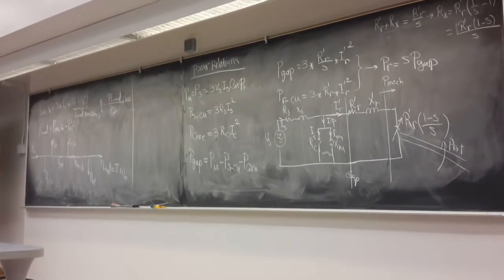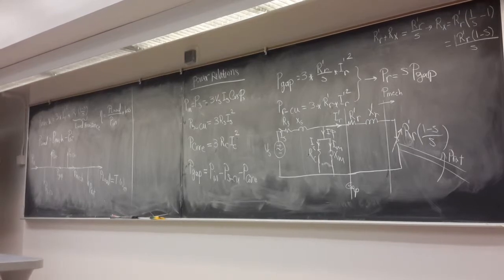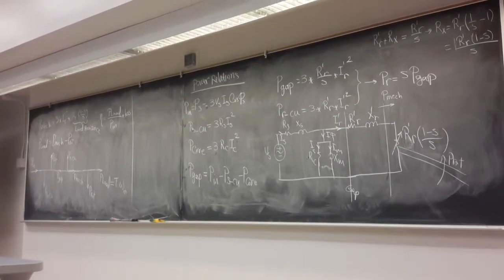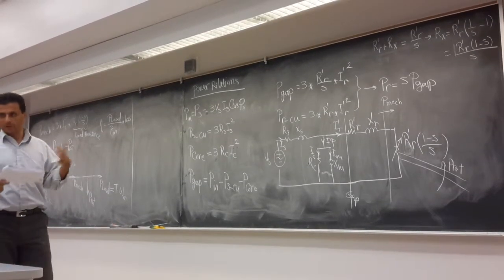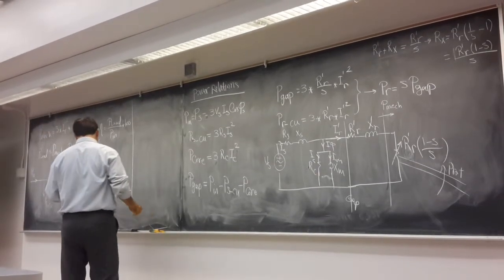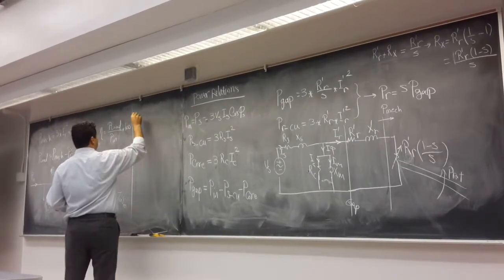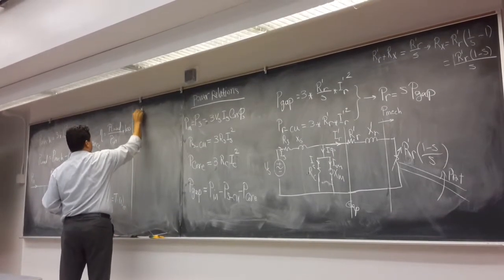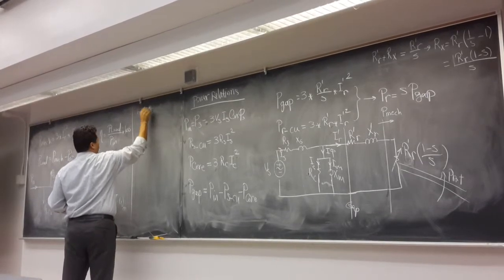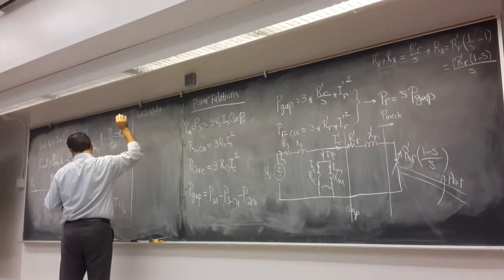Initially it said we have a 3-phase, and if we don't mention 3-phase, it still means 3-phase. If they say we have an induction motor, that's 3-phase by default. So we have a 3-phase induction motor, it's a 60 hertz machine, 4 poles, and this is what we have.